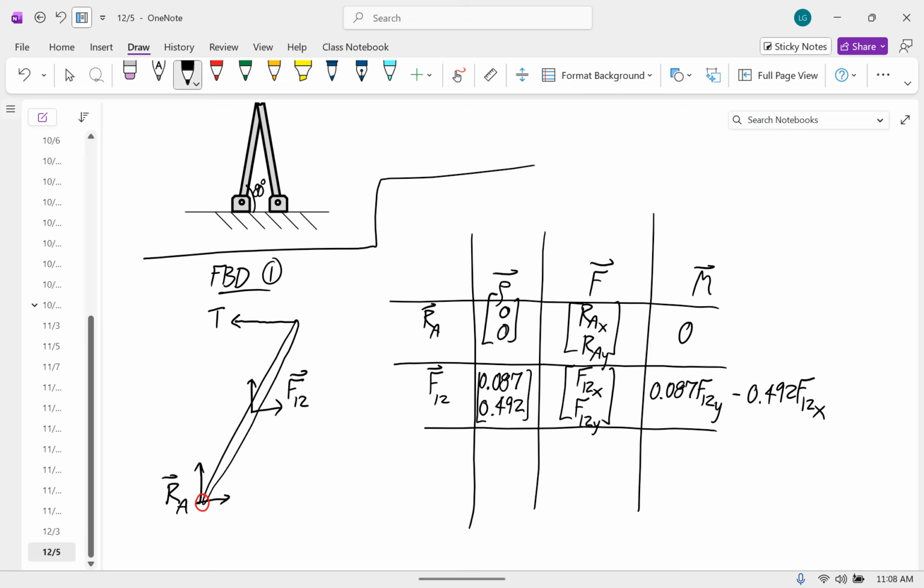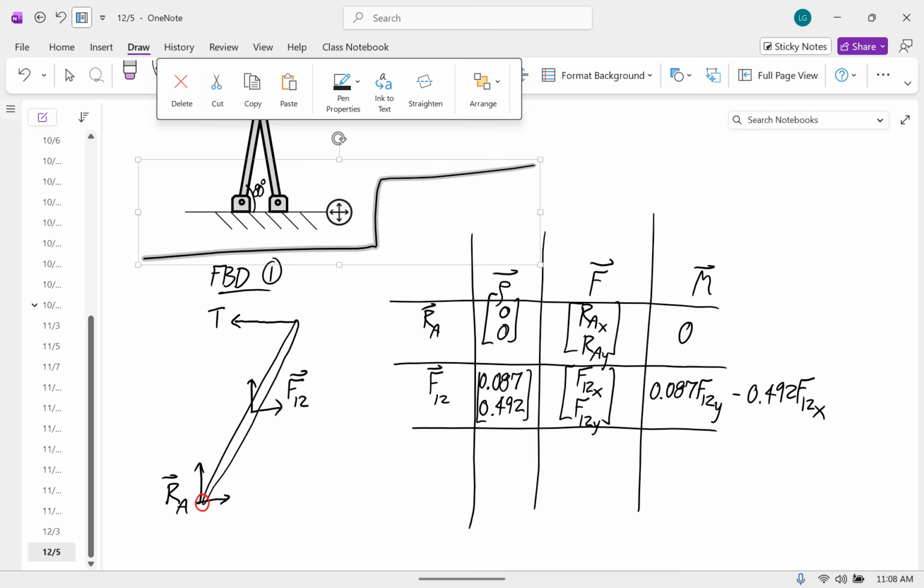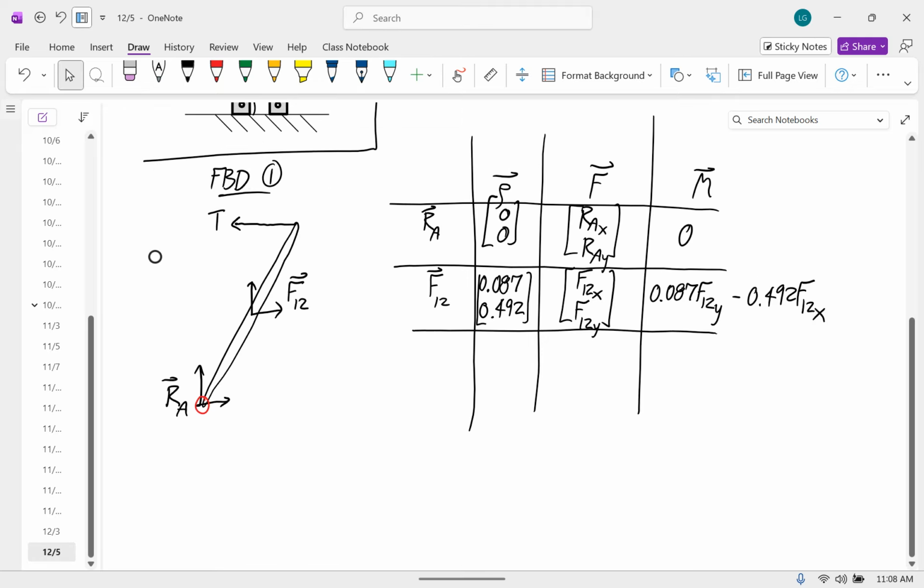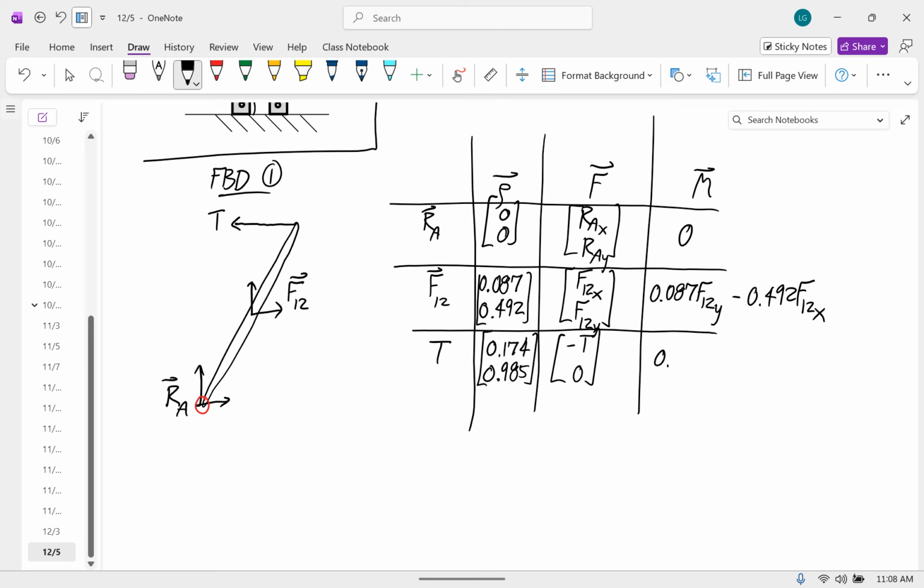Wait, that's just cosine and sine of 80 times 1/2 because it's a length of 1/2 a meter. And then T is a length of 1 times cosine and sine of 80. So that is 0.174, 0.985. The force is negative T, 0. So the cross product is positive 0.985 T.